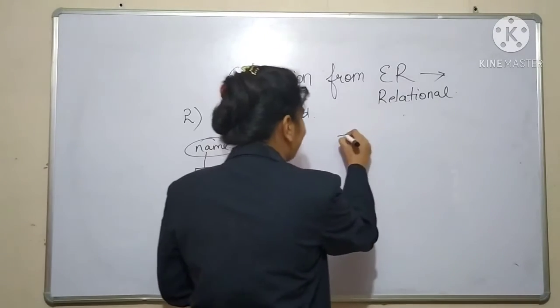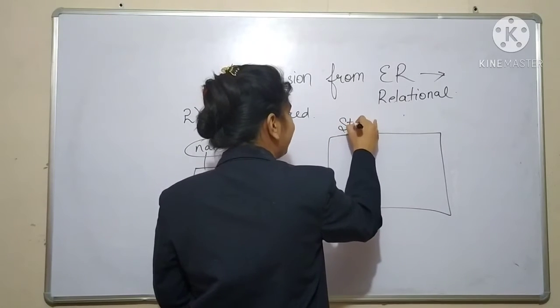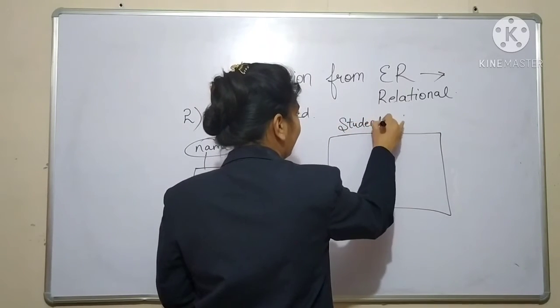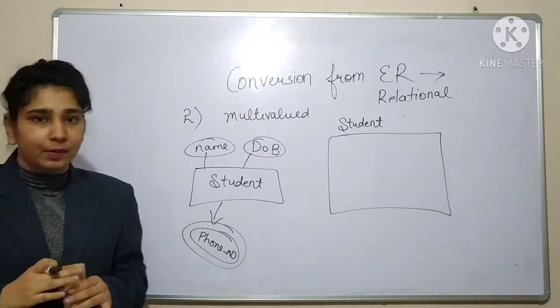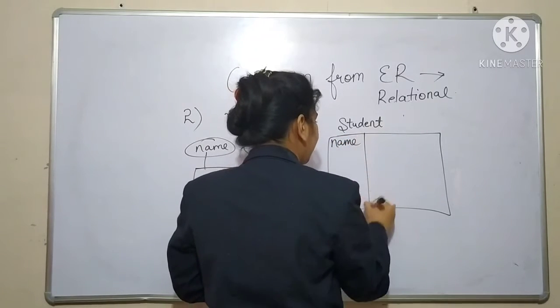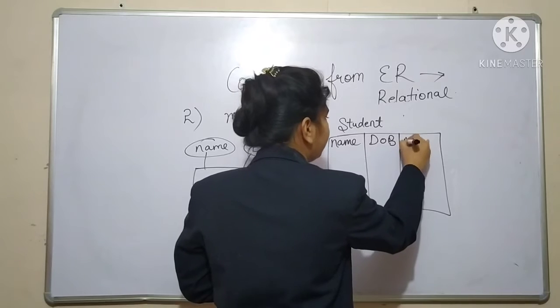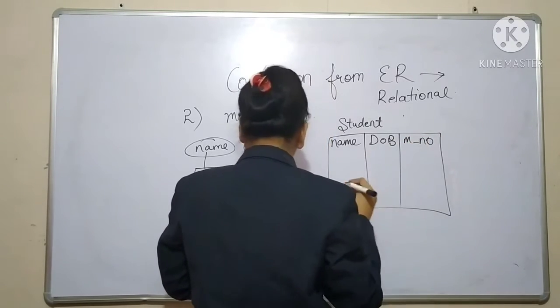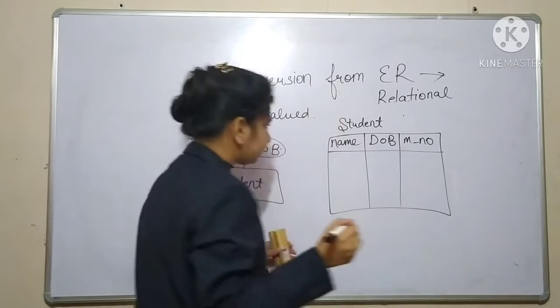Firstly, we have a student table. For one entity, one table is going to be there. We have name, we have date of birth, and we have a mobile number, or you can call it a phone number.